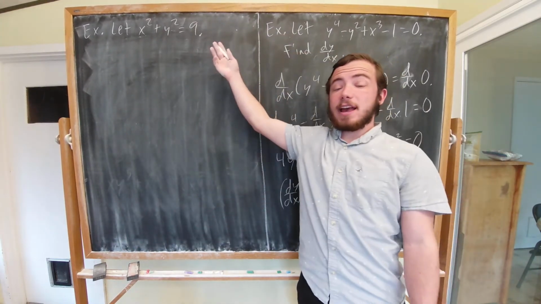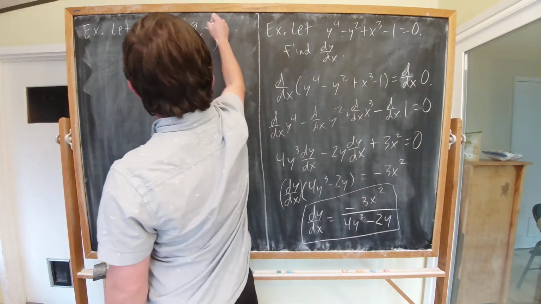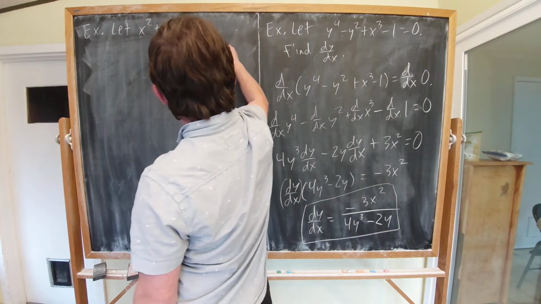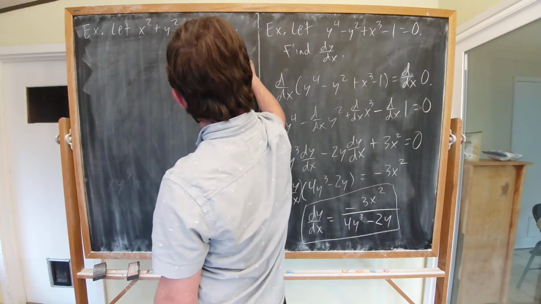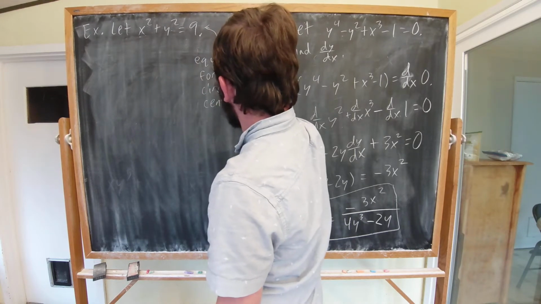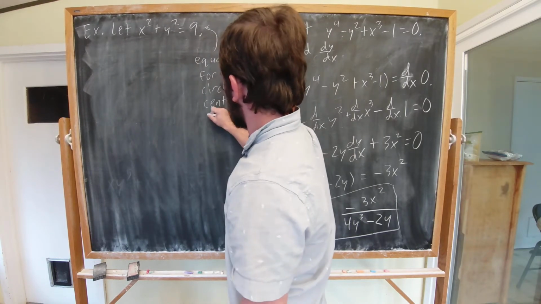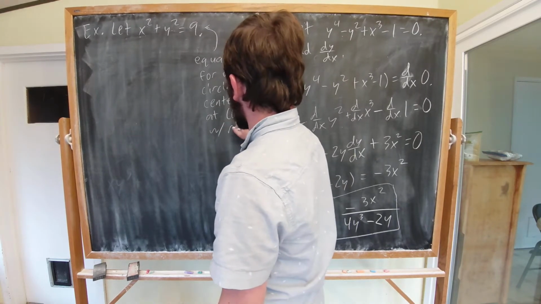So this is a nice and useful equation. This is the equation for a circle centered at the origin with radius 3.